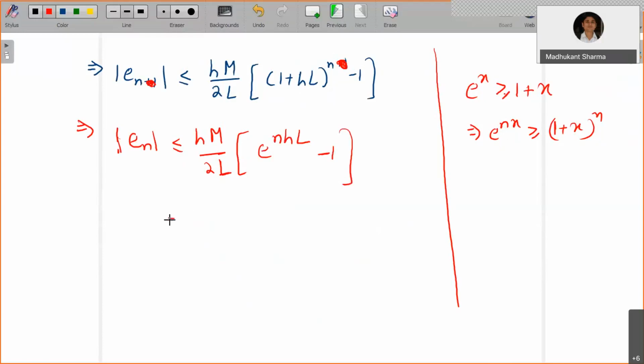Now look at this n times h. What is n times h? It is nothing but xn minus x naught, times L, minus 1. So if you fix xn, this mod En is bounded.